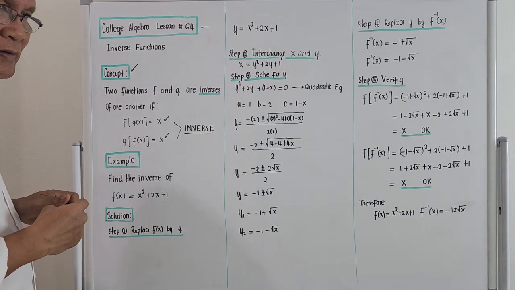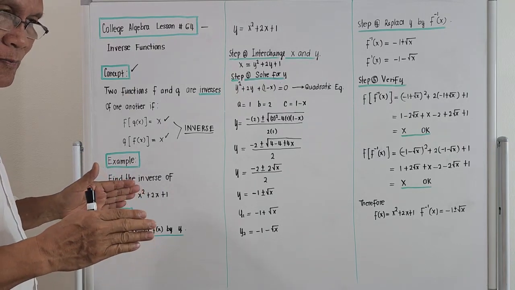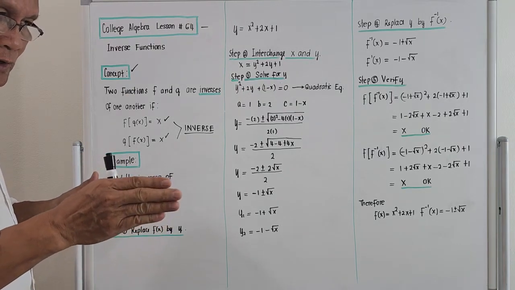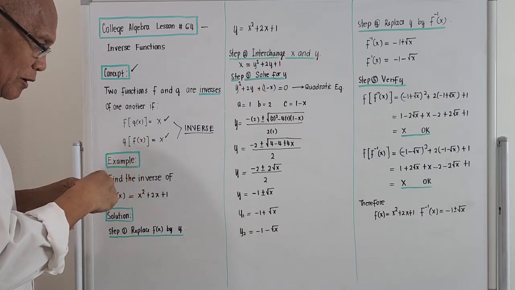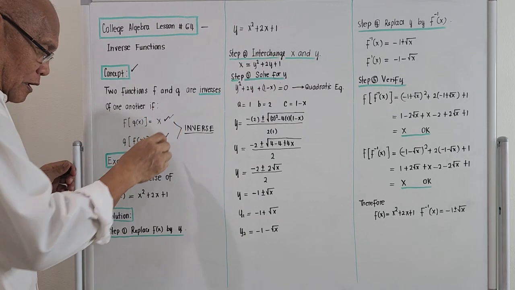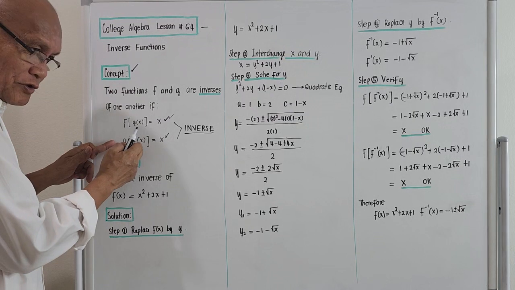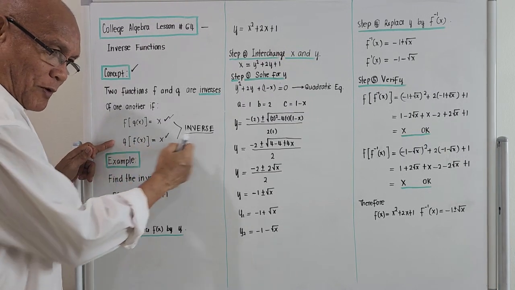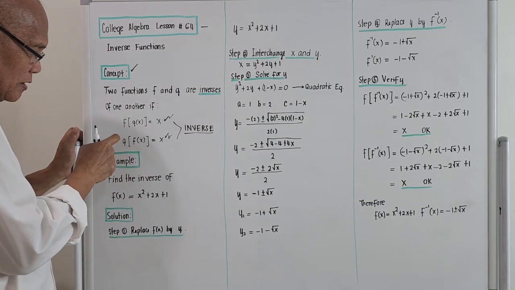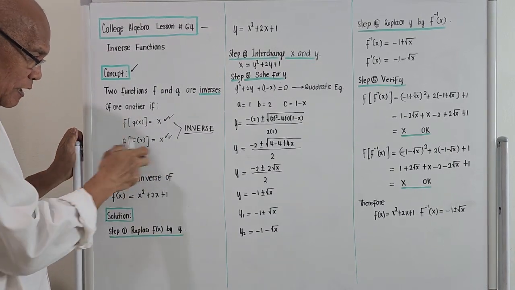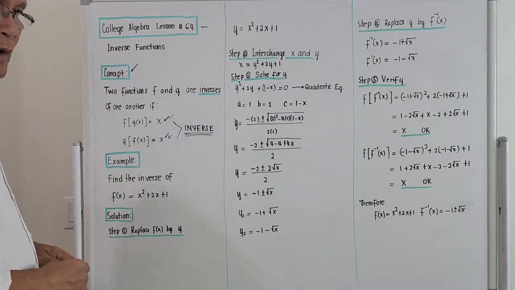That's the condition there. So there will be two functions here, and we are comparing values: if we get the value of one function and place it in the other, what comes out will be x. And for the other one, if we get the value of f of x and place it in the second one, and after simplification what comes out is still x, we could say that functions f and g are actually inverse. That's the meaning of that one.